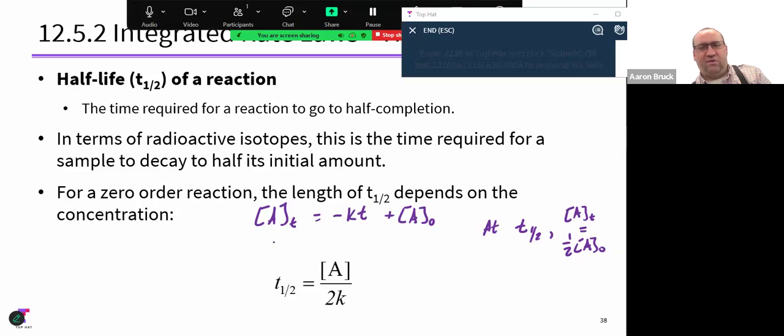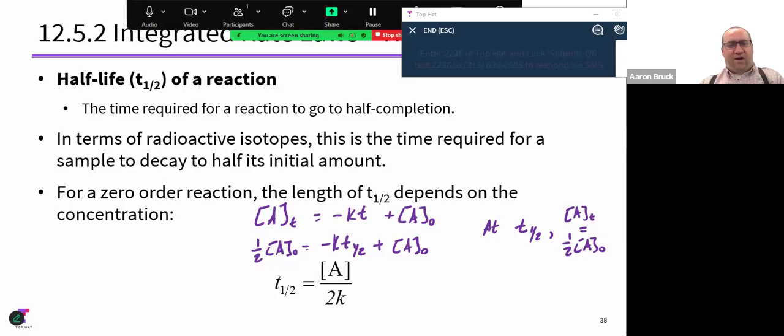So if I substitute that, I can do a little bit of algebra here, and I subtract A from both sides.